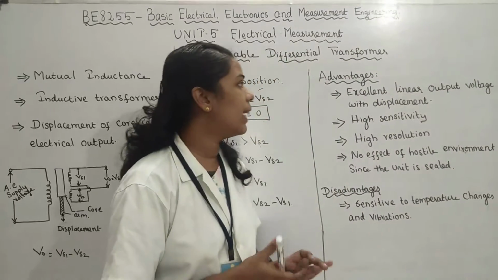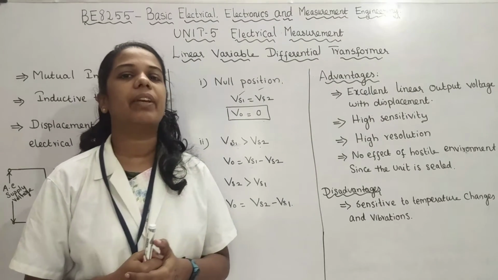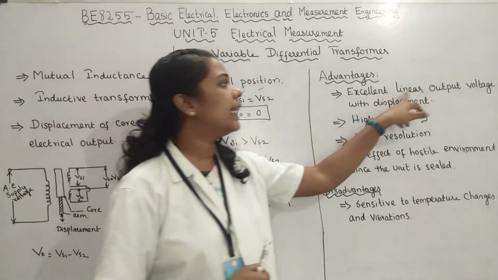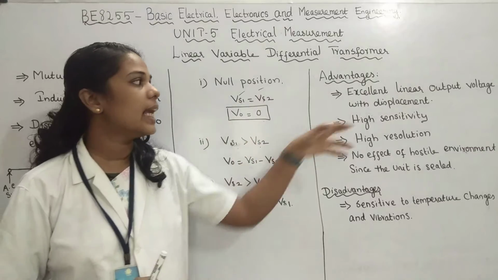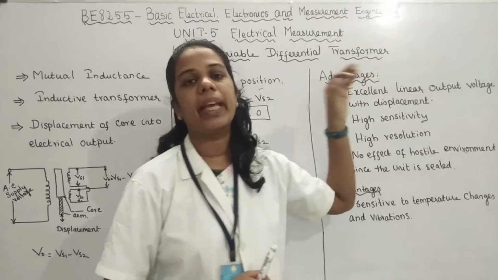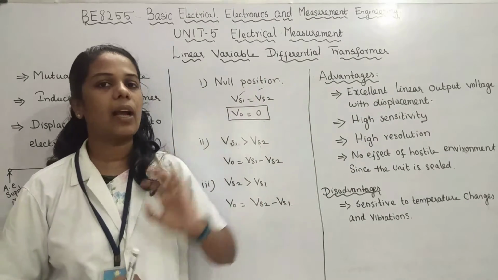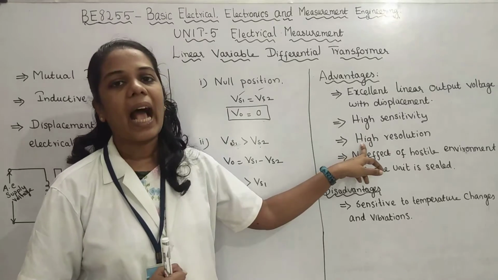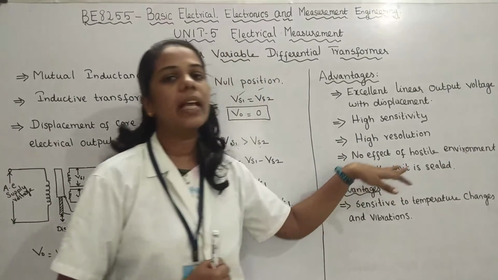Now let's see the advantages and disadvantages of this LVDT. LVDT means linear variable differential transformer. The first advantage is excellent linear output voltage with displacement. Then it has high sensitivity, high resolution, and no effect of hostile environment since the unit is sealed.